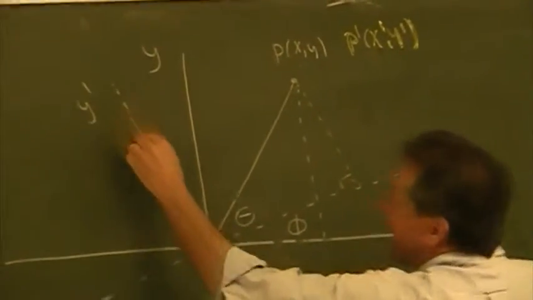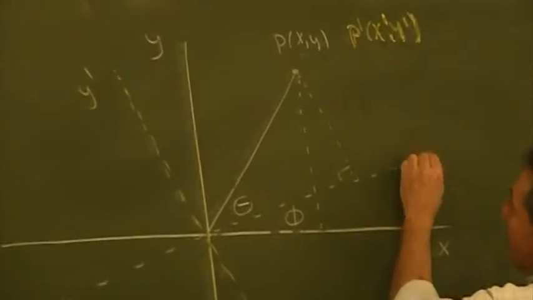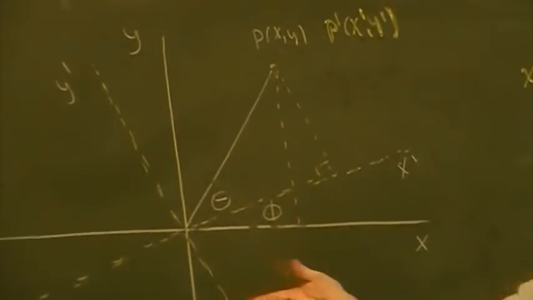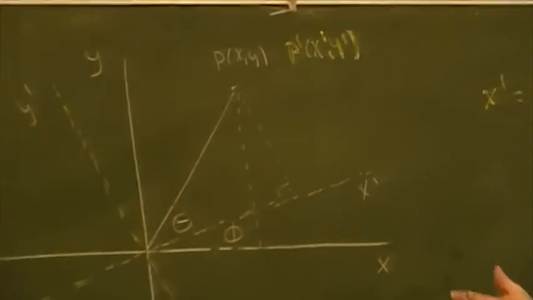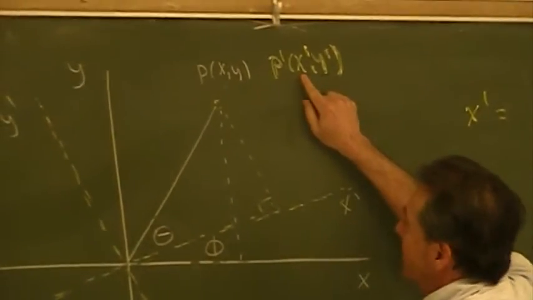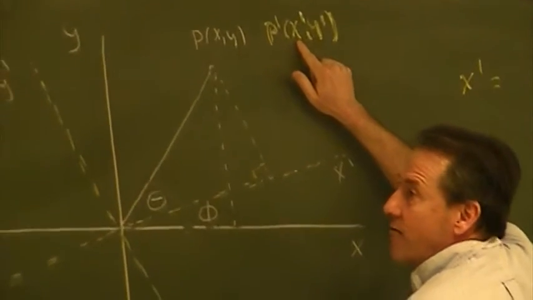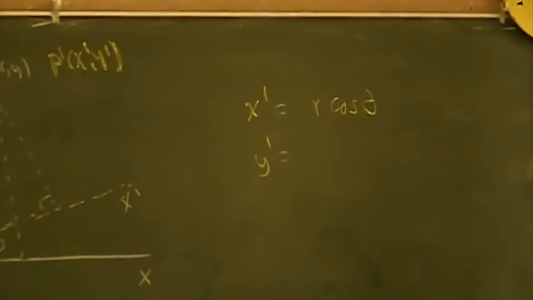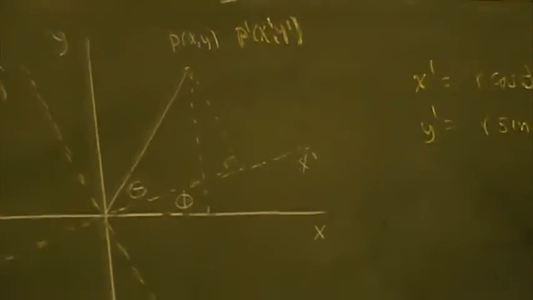You're only looking at these axes. Just look at the yellow. The point didn't move. The axes did. It's the same point. So what is this x-coordinate? R cosine what? Theta. And y prime equals r sine theta.